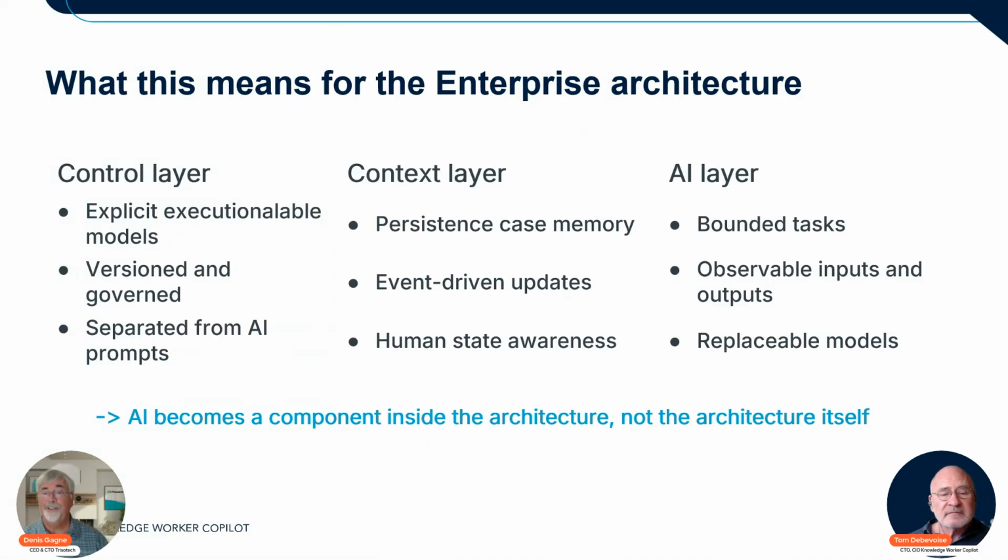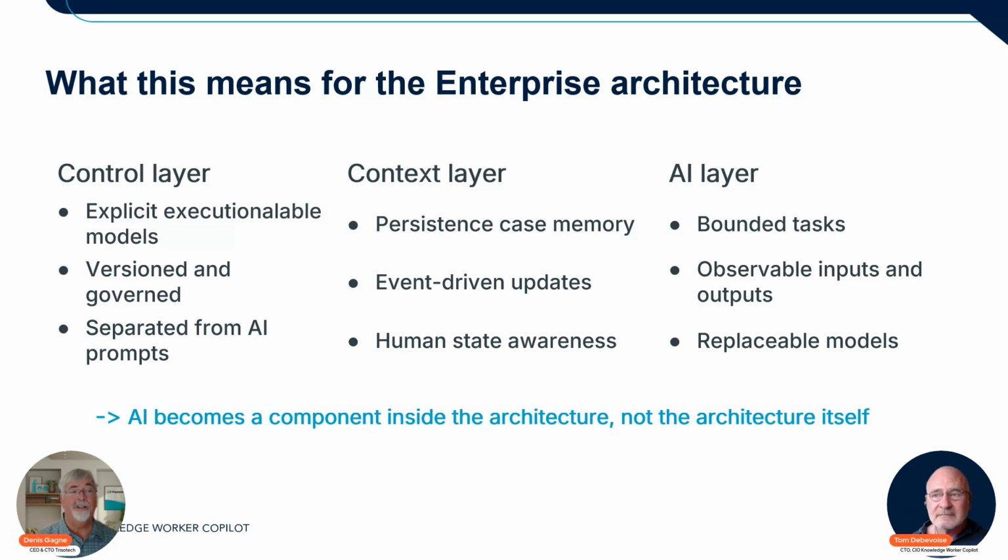In conclusion, the future of enterprise AI is not in autonomous agents, but really in orchestrated intelligence. This architecture consists of three layers: a control layer where explicit executable models guide and ensure the deterministic results.